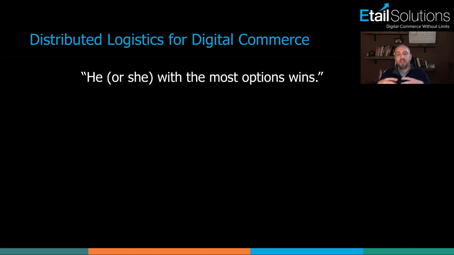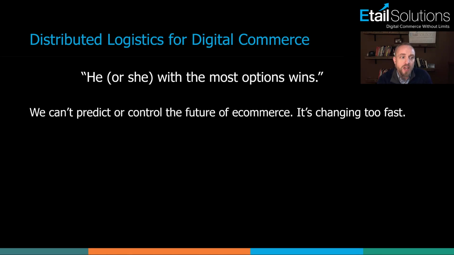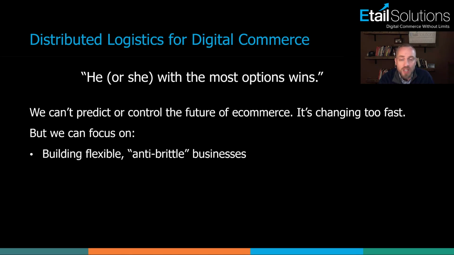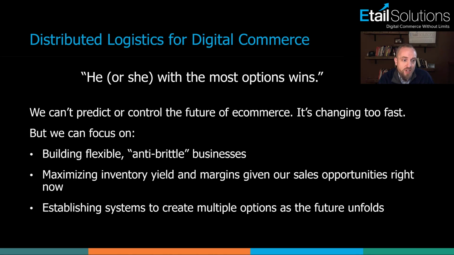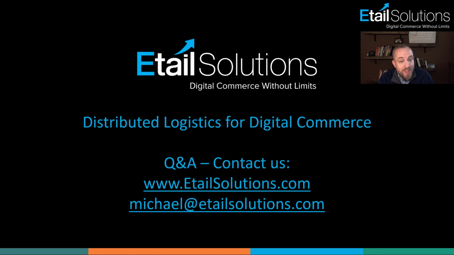Ultimately, distributed logistics is really all about whoever's got the most options wins. And having flexibility at your fingertips allows you to deal with an unpredictable future. Things, especially right now, are changing very, very rapidly, and you need the ability to adapt. You need the ability to be anti-brittle, is the phrase I read recently. You need to be able to maximize your yield based on what you actually have, and you need to be able to have options. So that's been our series.